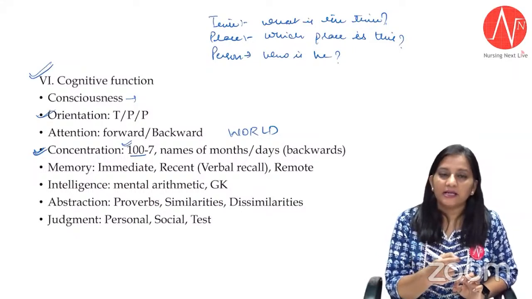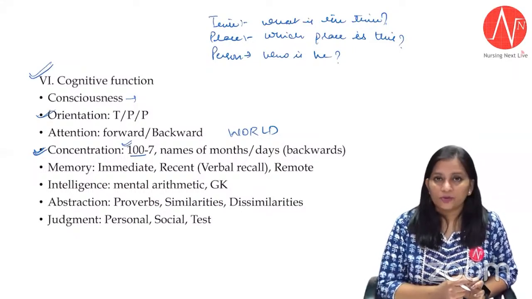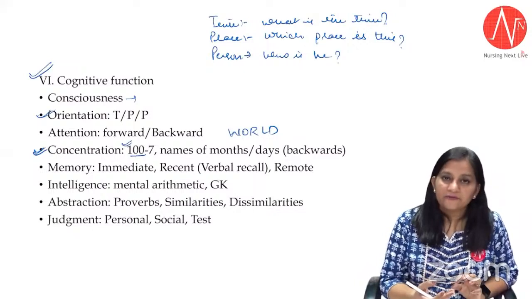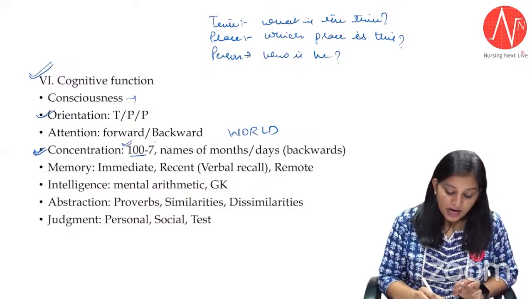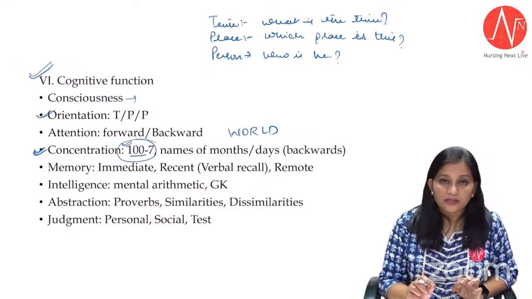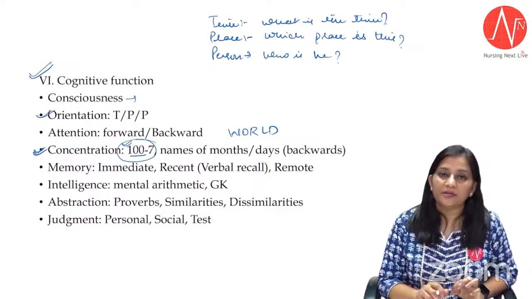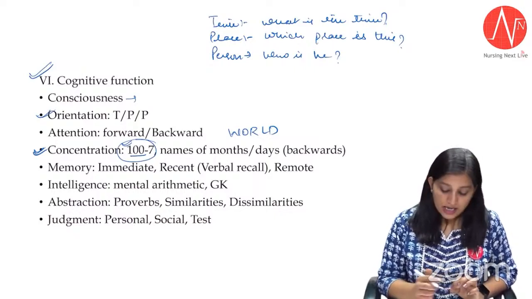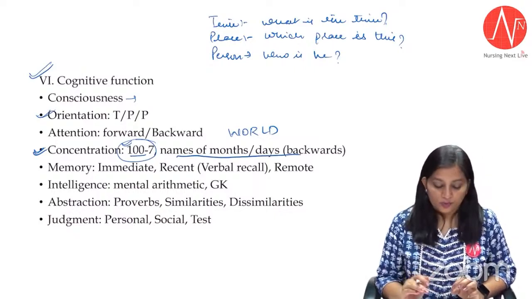If we say reduce 5 from 100, it is very easy. If we say reduce 2 from 100, it is also very easy. But 100 minus 7 is the universal task. These are the only numbers given in this component. And names of months or days backward.